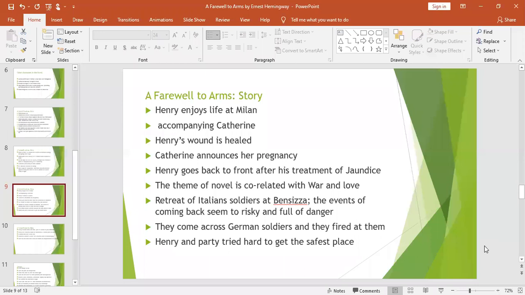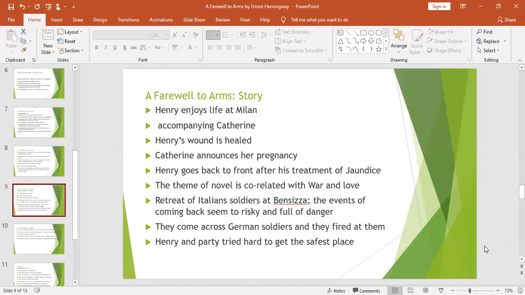So the Italians could not hold back. You can say that it was necessary for them to retreat. American ambulance drivers were over there, and they would like to go back, and they would like to seek the same retreat.